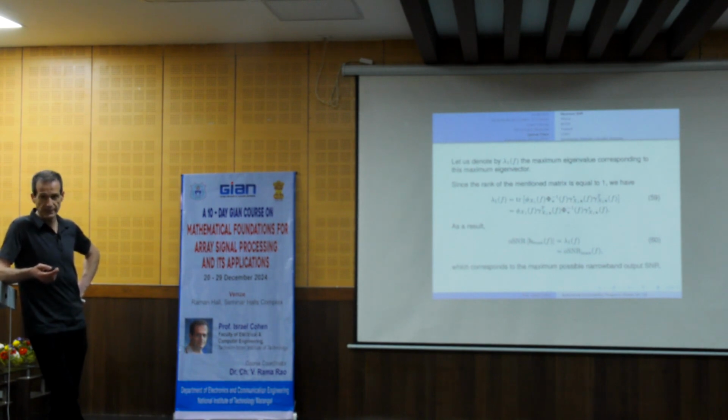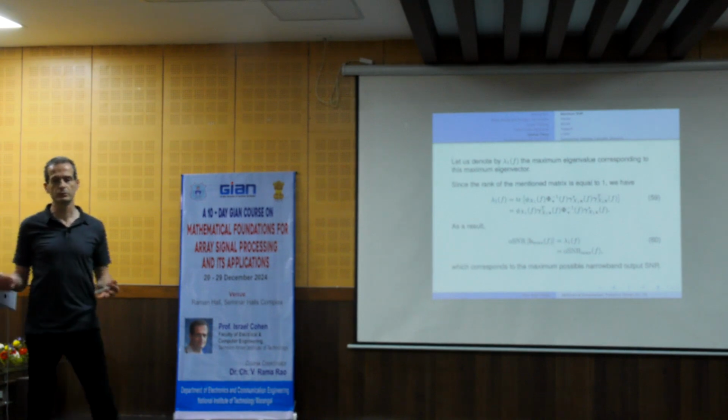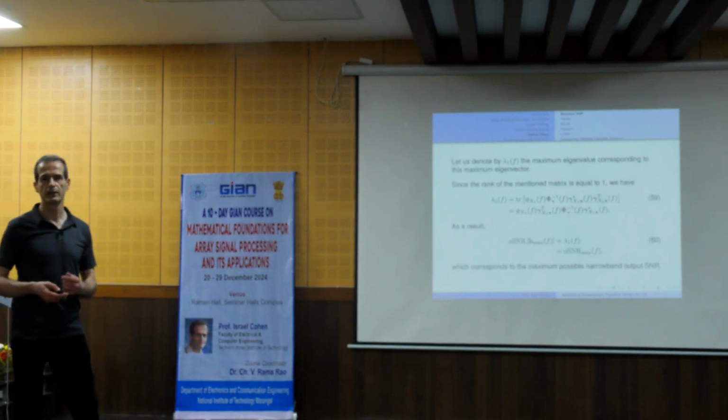It makes sense, right? Because the higher the input SNR, the higher the output SNR. It doesn't mean that the gain in SNR is higher. Usually, for higher input SNR, the gain in SNR will probably be smaller. But the output SNR is proportional to the input SNR, which makes sense. More input SNR, you have higher output SNR.